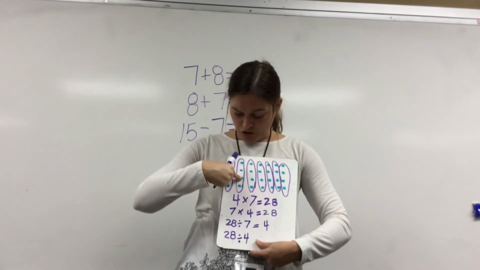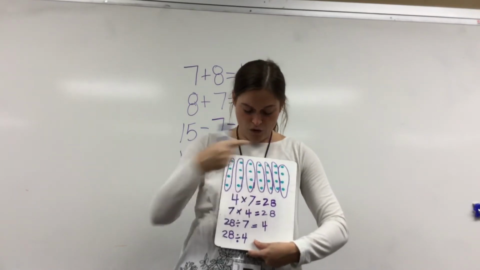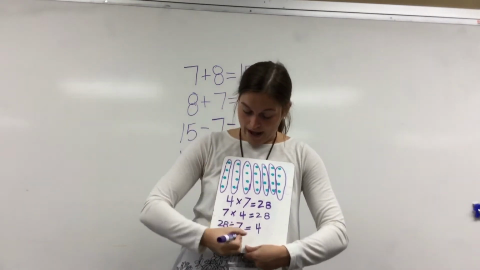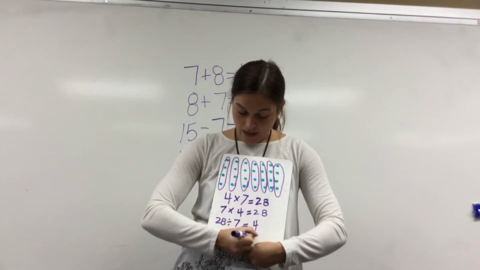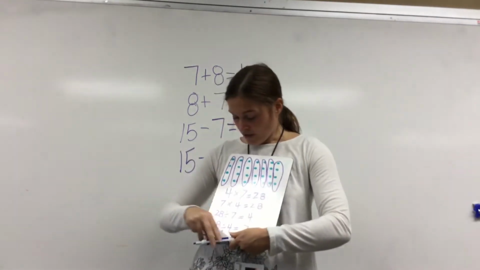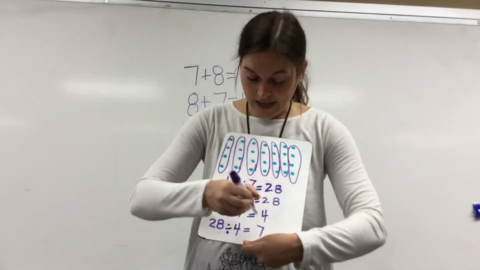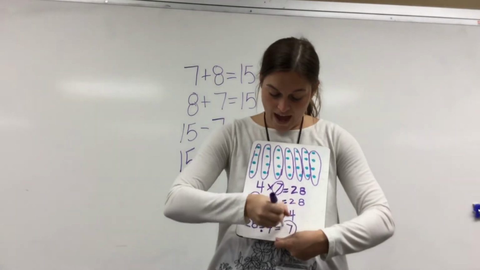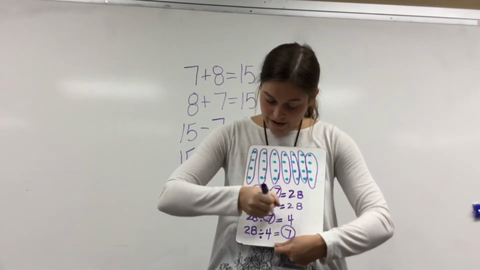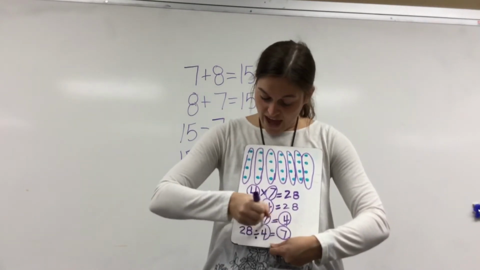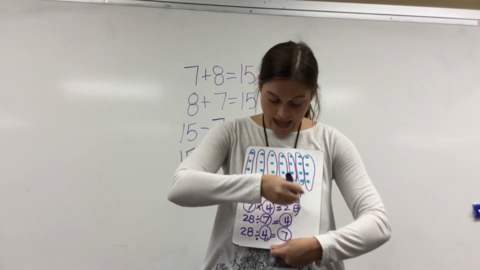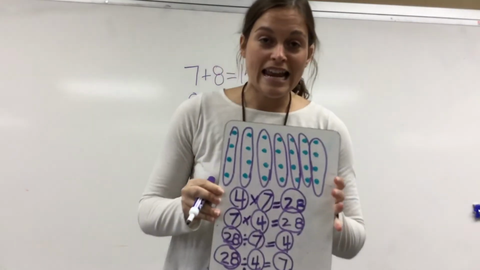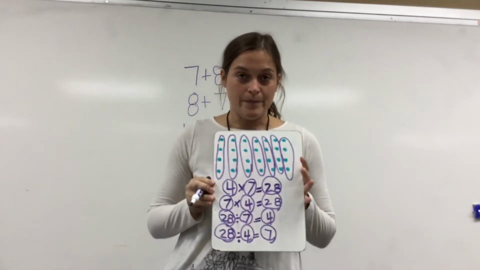There's a group of 4, there's a group of 4, there's 4, 4, 4, 4, and 4. Now my answer is going to be how many groups do I have altogether? I have 7. So you can see 7 is used in each fact. 4 is used in each fact. And 28 is used in each fact, creating a fact family.